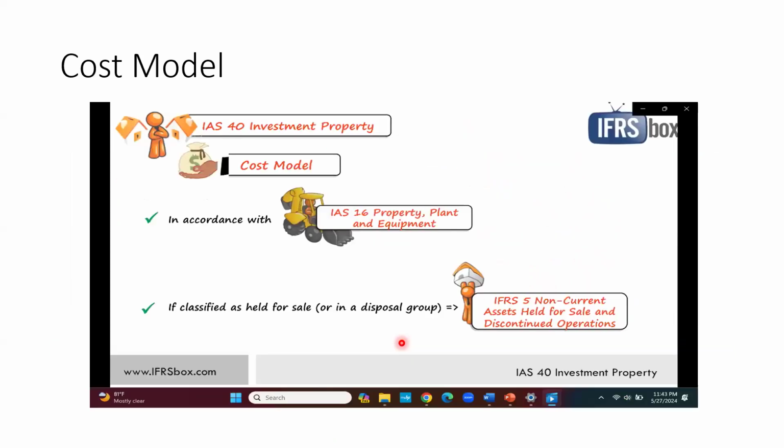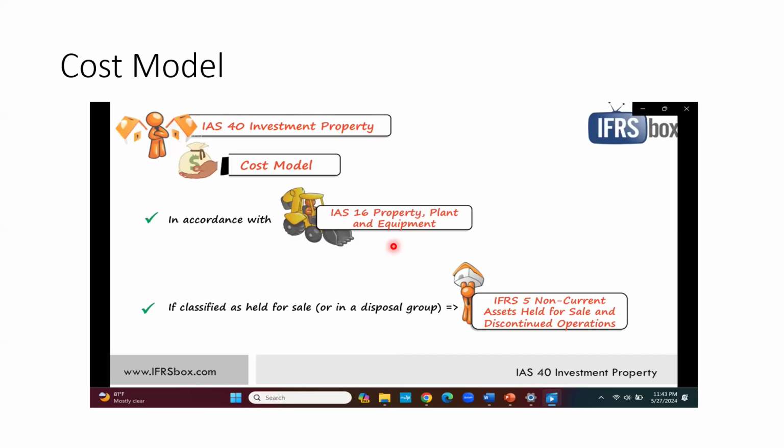So take notes. Now, let's look at the cost model. We've said that the cost model should be measured in accordance with IAS 16. The prescription for a cost model in line with IAS 16 should be applicable here if you are using the cost model. But if it's classified as held for sale, then you have to use IFRS 5, non-current assets held for sale.